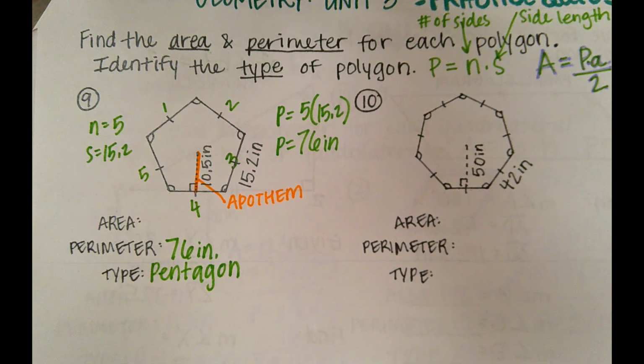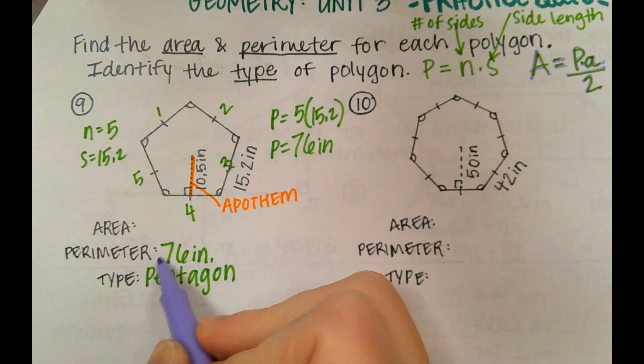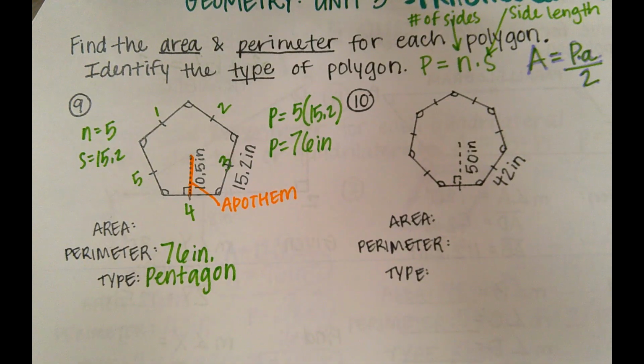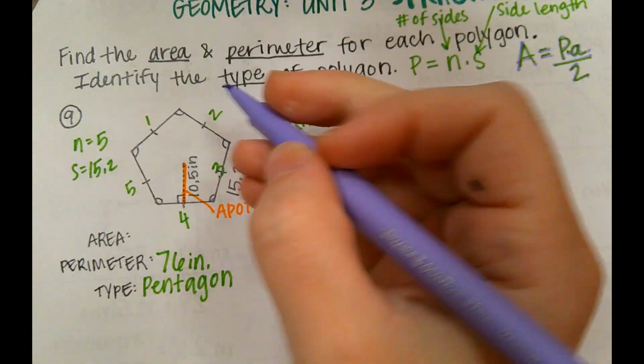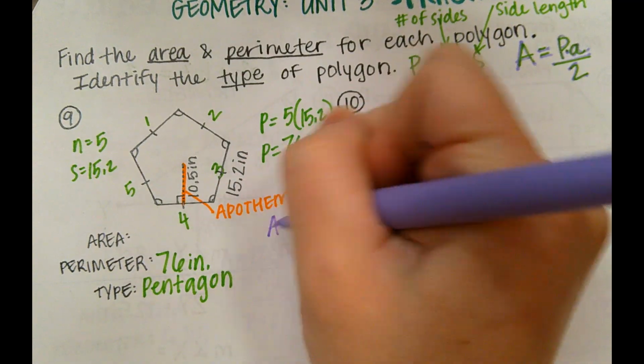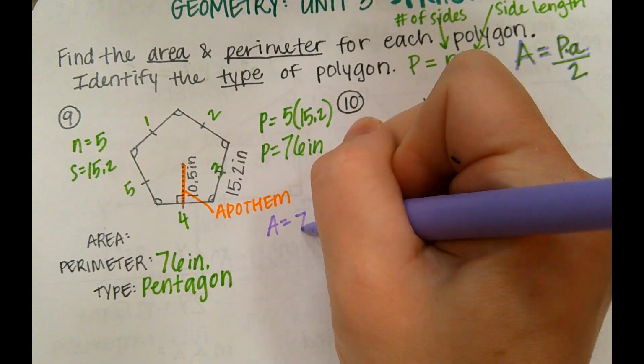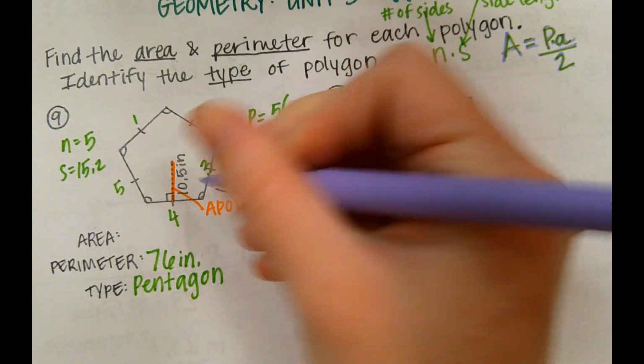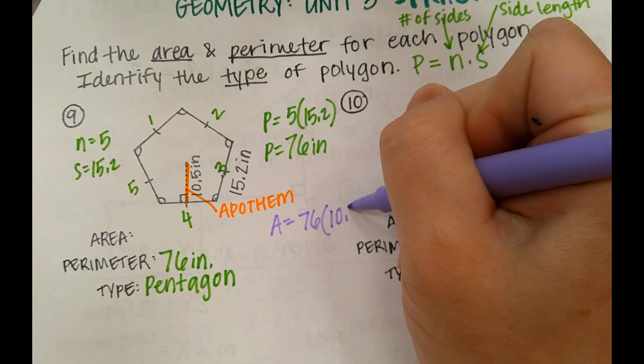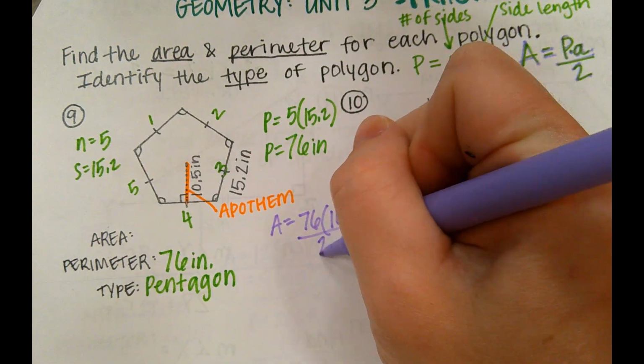Okay, so I'm going to use the area formula, perimeter times apothem divided by 2. My perimeter was 76. My apothem, we just said, is 10.5. We'll divide that by 2.